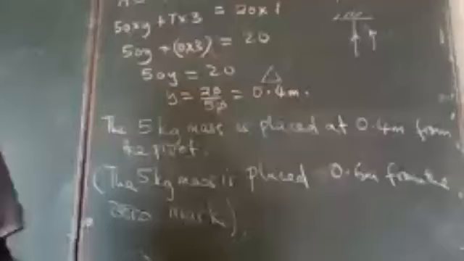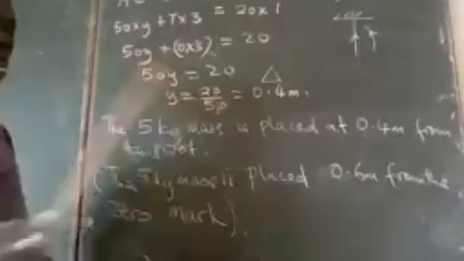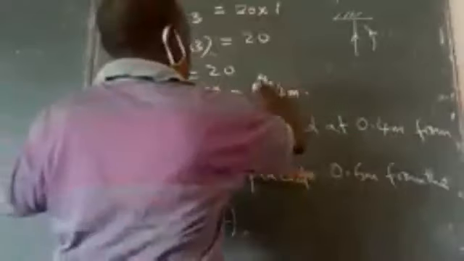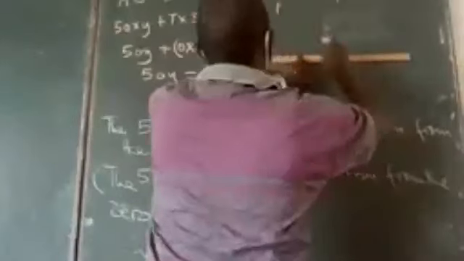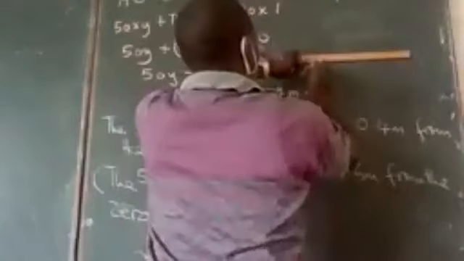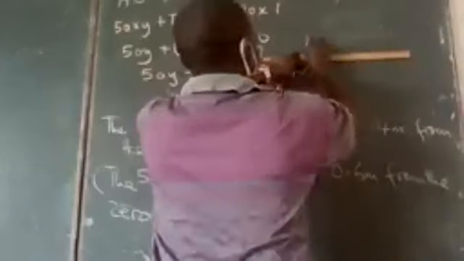Teacher, I'm confused, where does the 0.6 come from? Somebody was answering you. It's the distance from the 0 mark to where you mark the 5 kilogram point. So we say this was 0. We place the pivot at 1 meter.